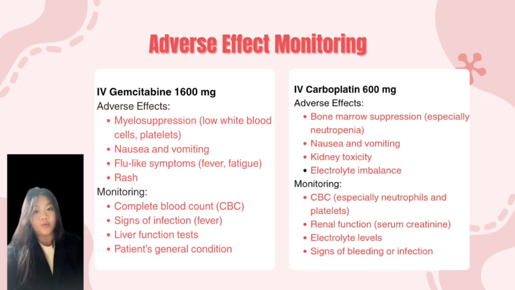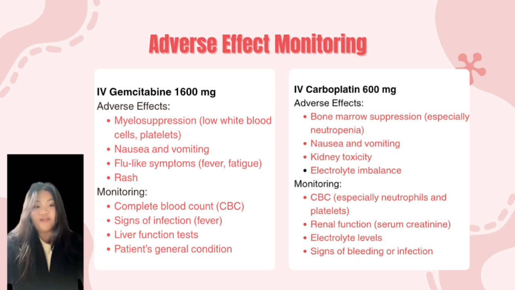Finally, we are looking at the adverse effects and the monitoring of both chemo drugs. Both gemcitabine and carboplatin cause myelosuppression, which causes a drop in white blood cells and platelets, making the patient vulnerable to infections and bleeding. Carboplatin will also cause bone marrow suppression, especially neutropenia, and also kidney toxicity.